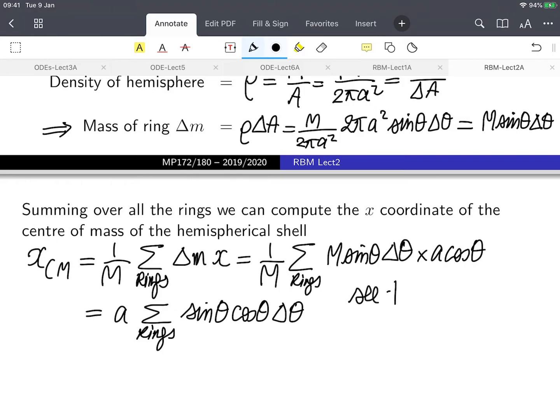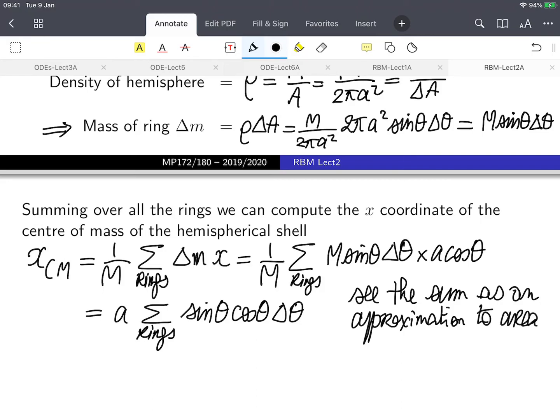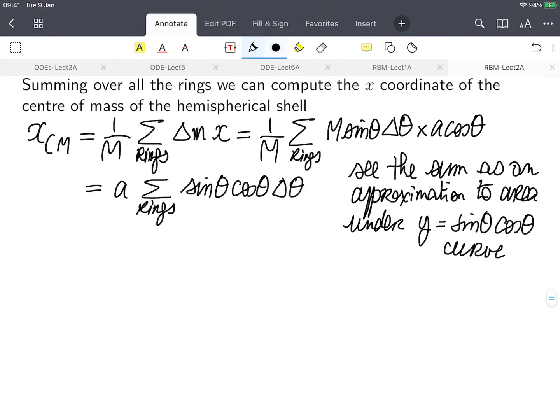I'm going to see the sum as an approximation to the area under the y equals sine theta cos theta curve. I'll show you how you can see that.